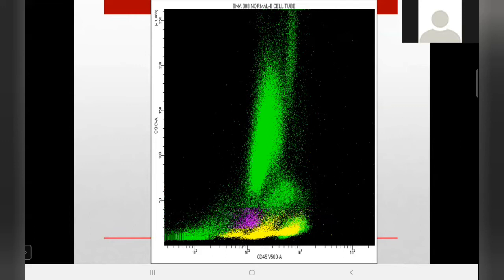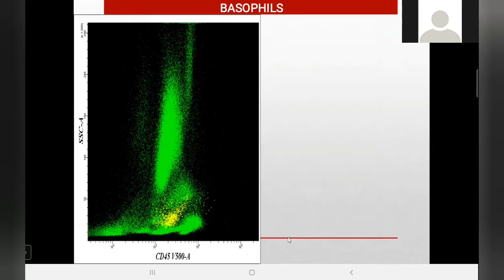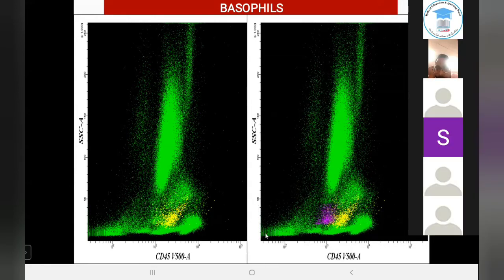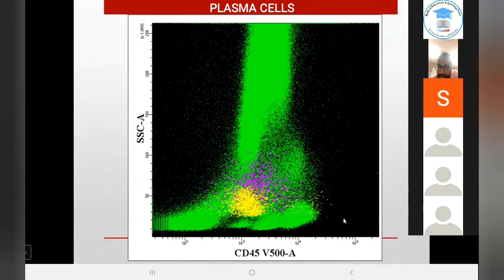All right. Other populations which I told you are also present in this region are basophils, which are present somewhere a little bit on the right hand side of the myeloid blast. These are called the basophils. Okay, so I put the myeloid blast here. These are the basophils, and here you have the hematogones. Now this population is your blast population, which is the myeloid blast. This population is the plasma cells.